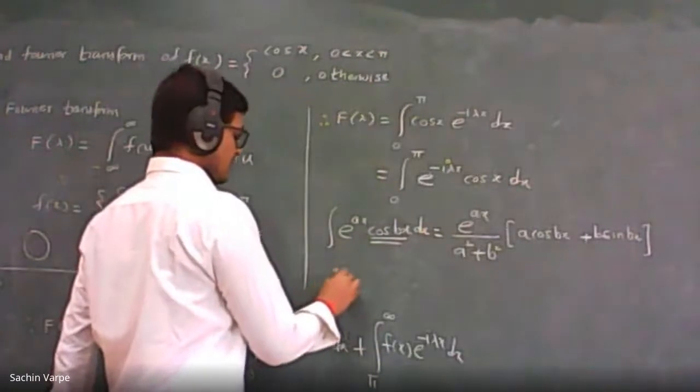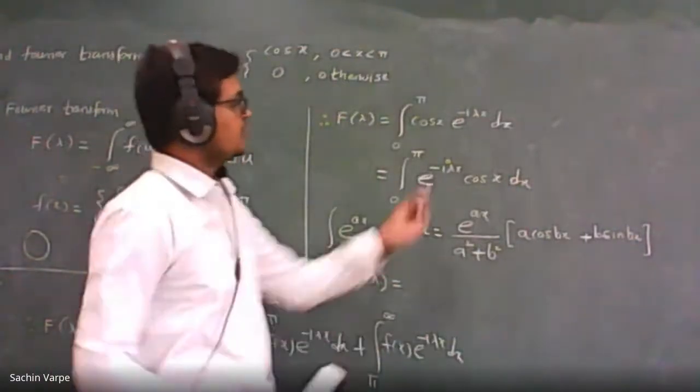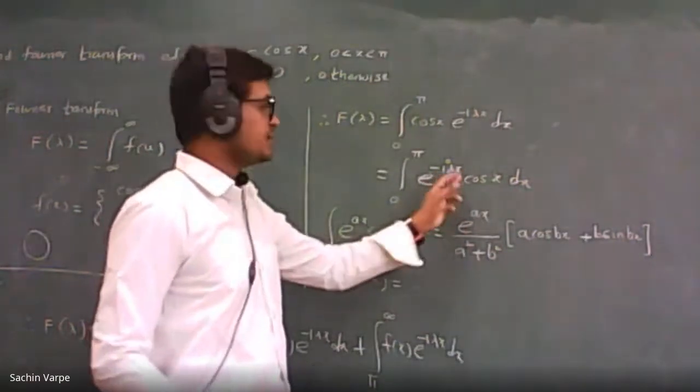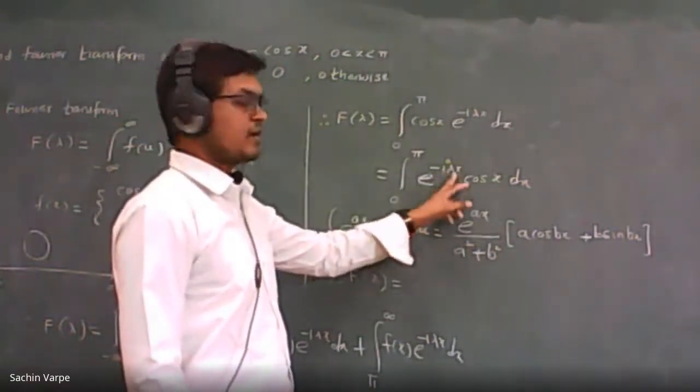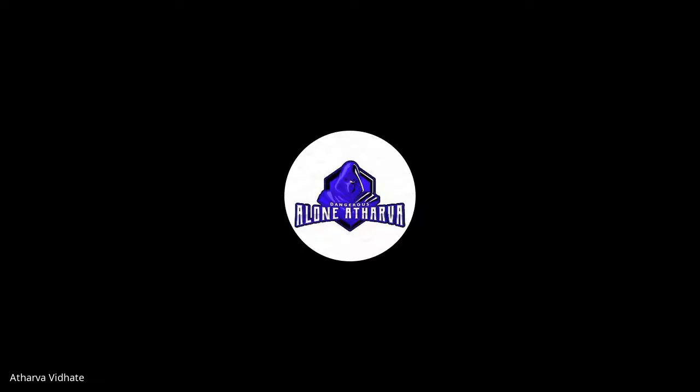Therefore, f of lambda will be, what is the value of a there? A is minus i lambda, right? And what is b? b is 1, right?